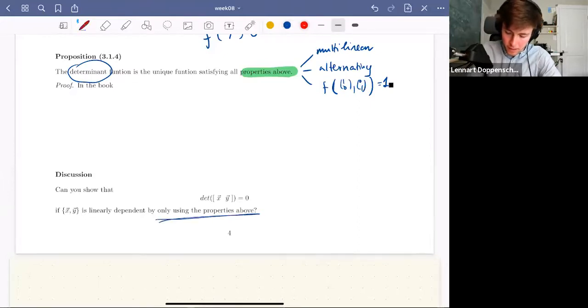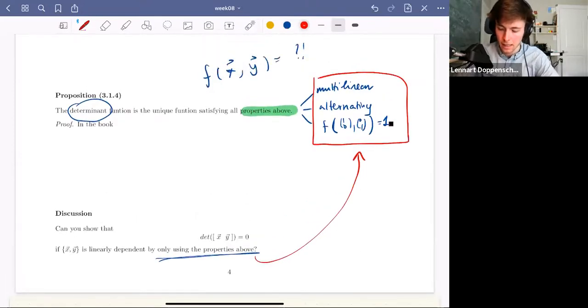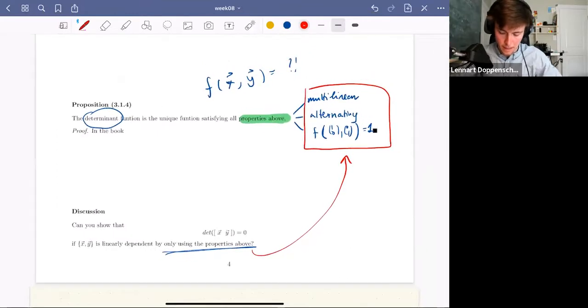So this means, can you only use these 3 properties, that it's linear in both arguments, it's alternating, and that on the identity matrix it's 1? I'll give you 3 or 4 minutes. If you have questions, then just write in the chat, or ask right now, immediately.